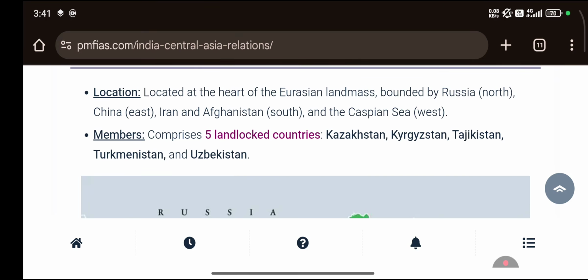Basically, the members include the five landlocked countries: Kazakhstan, Kyrgyzstan, Tajikistan, Turkmenistan, and Uzbekistan. The location is at the heart of the Eurasian landmass, bounded by Russia in the north, China in the east, Iran and Afghanistan in the south, and the Caspian Sea in the west.